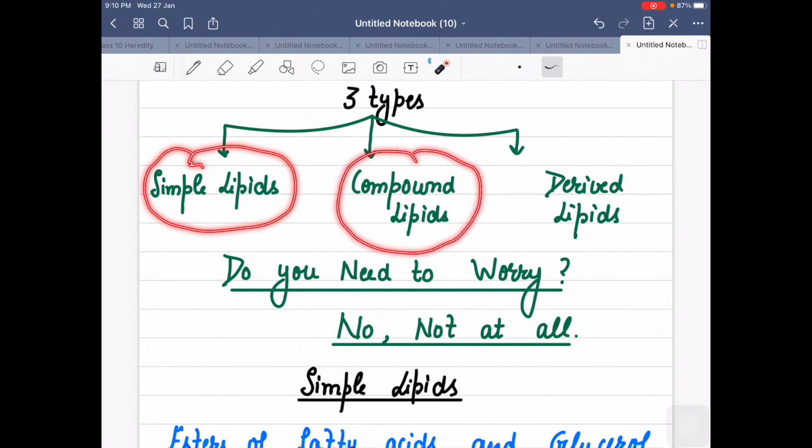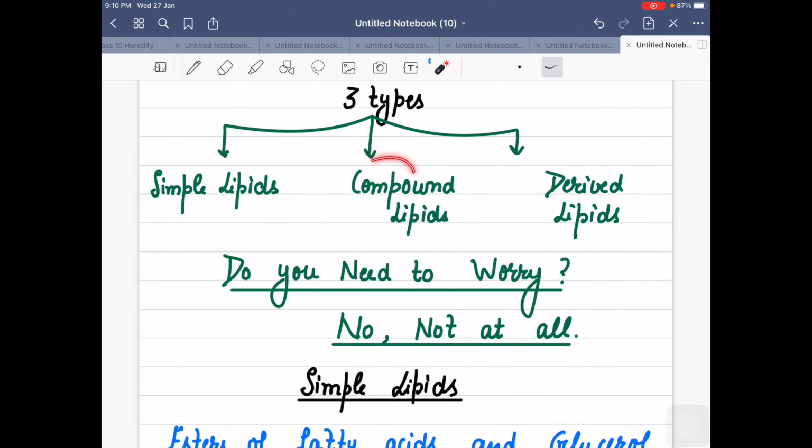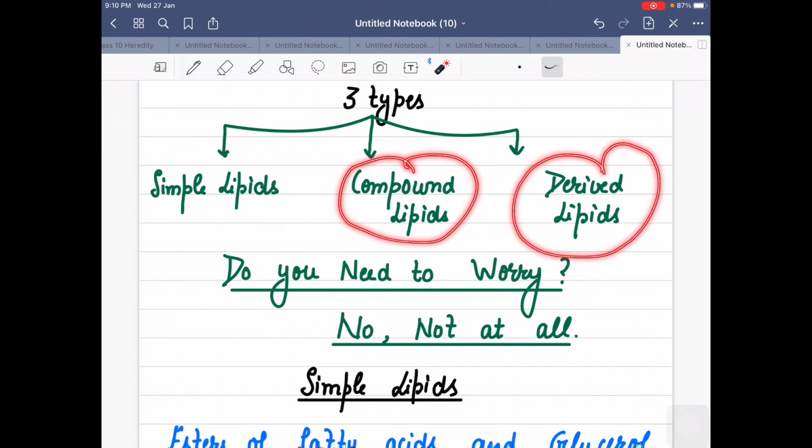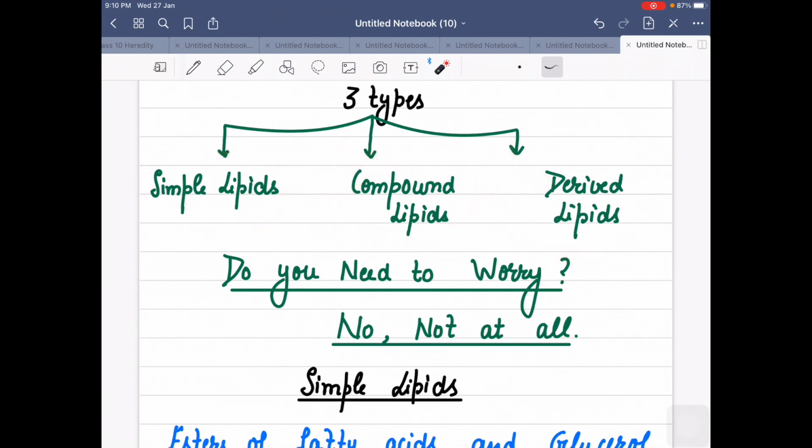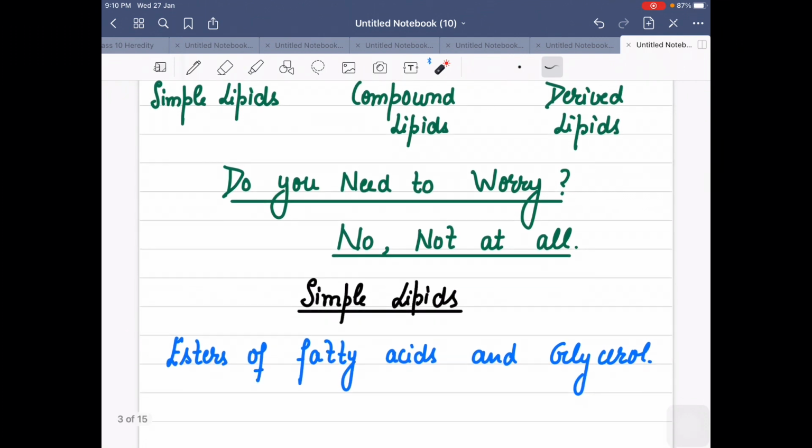One is a little complex, compound lipids. And the third is more complicated, derived lipids. So we have 3 types of lipids: simple, compound and derived lipids. Don't worry, we will discuss them one by one, with their examples.